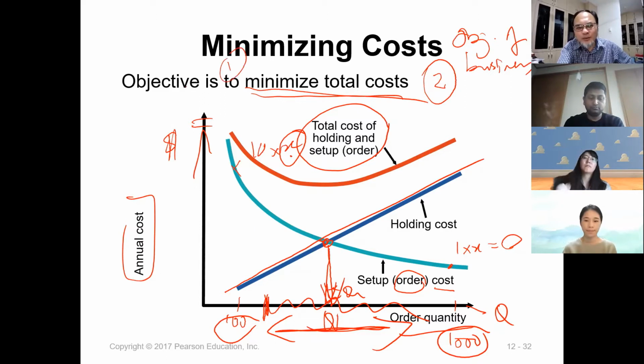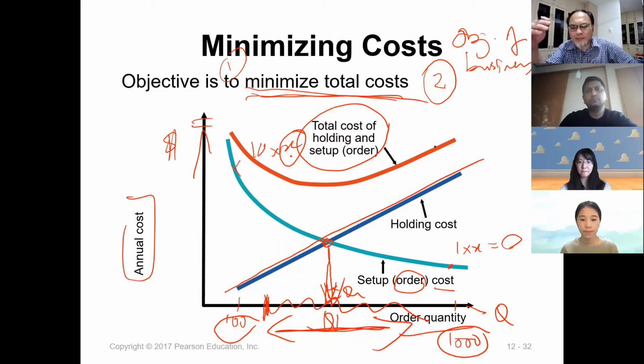I've told you one. One is minimize total cost. What is the second objective of all business today? Think about it. Now, I'm asking you, in business today, if I have products, I try to minimize cost of production, cost of inventory, cost of labor.